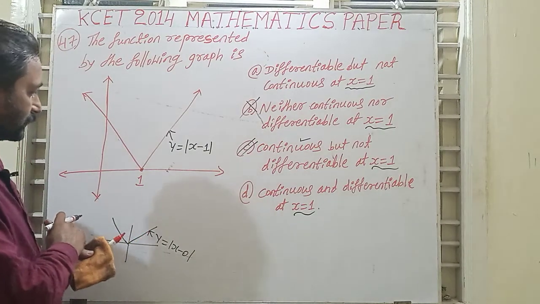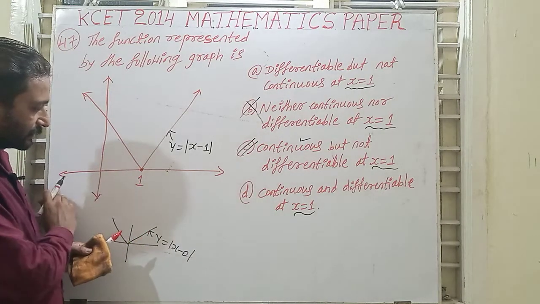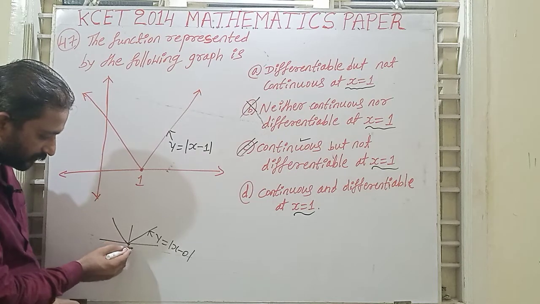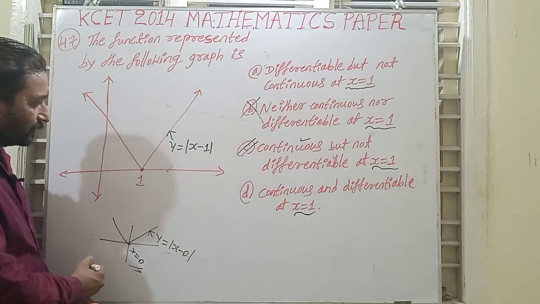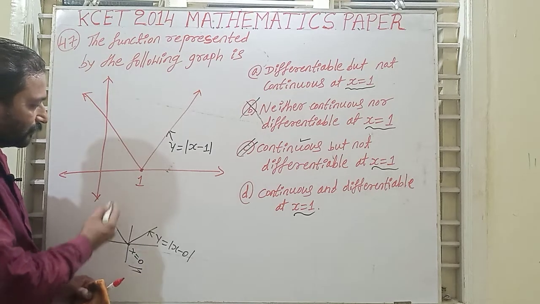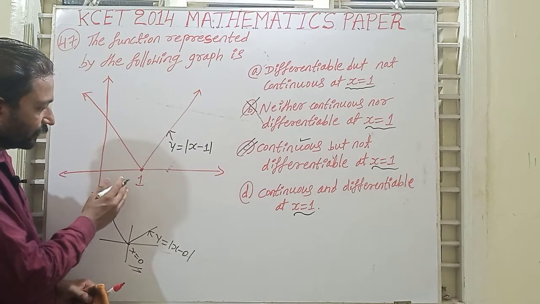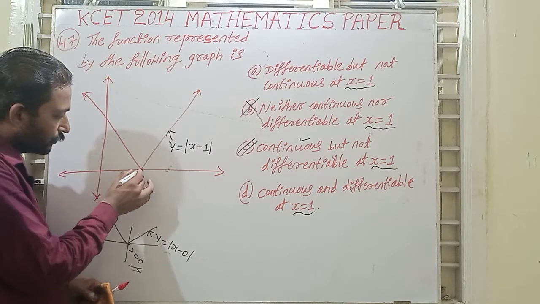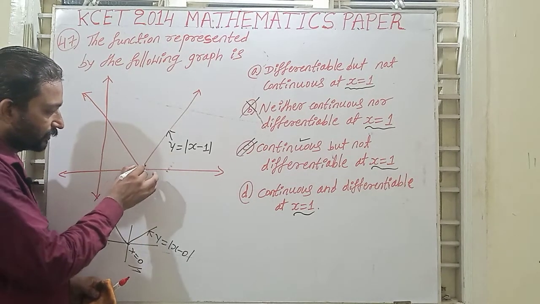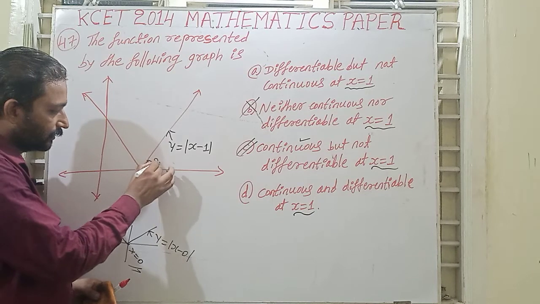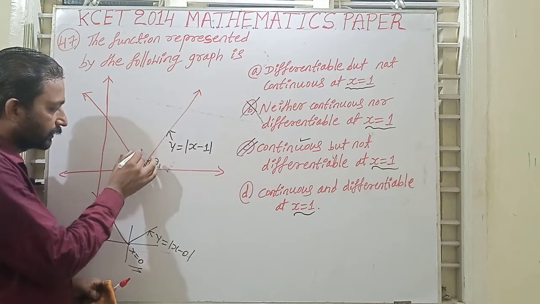So here in this case it is not differentiable at x is equal to 0. Here also it is not differentiable at x is equal to 0, we know that. Okay, so because it is not differentiable at x is equal to 1, because two tangents exist at that point. Two tangents means what? This is theta 1, this is theta 2.